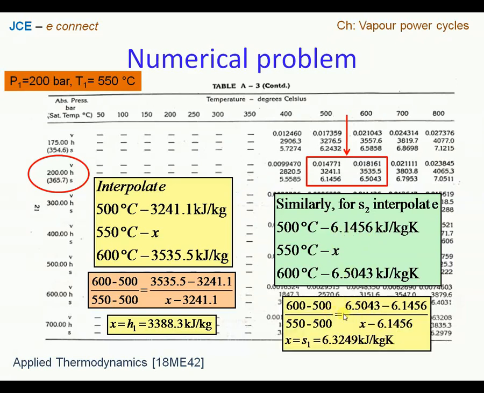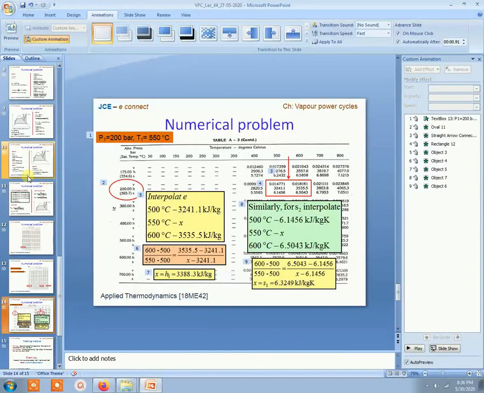I have shown that here, and the only unknown is X. We rearrange this equation and find that X works out to be 6.3249 kilojoule per kg Kelvin. This is the value of entropy at state point 1. Now we have found the enthalpy and entropy at state point 1, so let us note this in our problem.